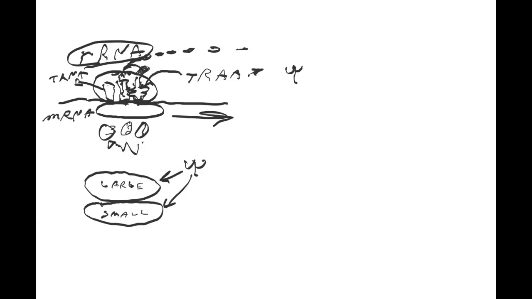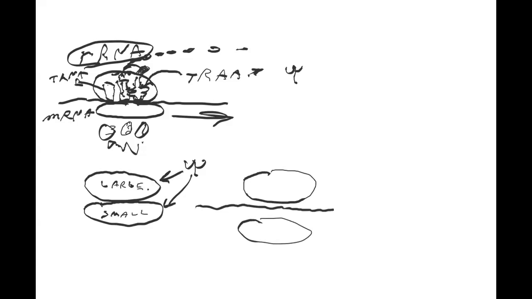Okay, so what's happening here is that the pseudouridine is providing structure. Right, you got to remember this. There's no way I can draw this, but this large and this small assemble onto the messenger RNA.